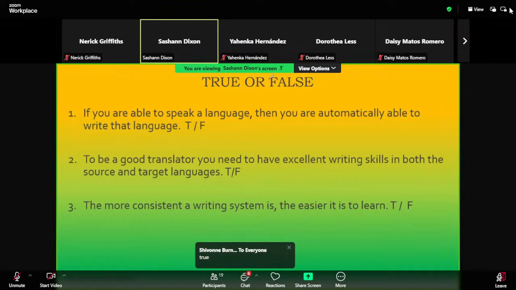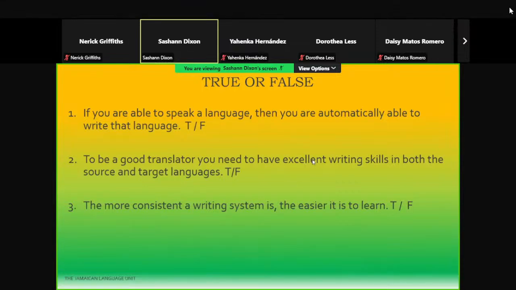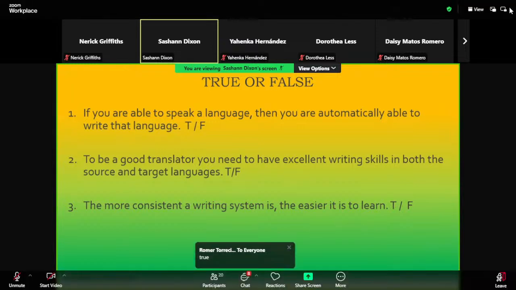Okay, good. All right. So I like to start off the session with immediately putting persons to the test to see just how well they know Jamaican or just how well they have an understanding of the writing system already, before I get into the technical part of it.